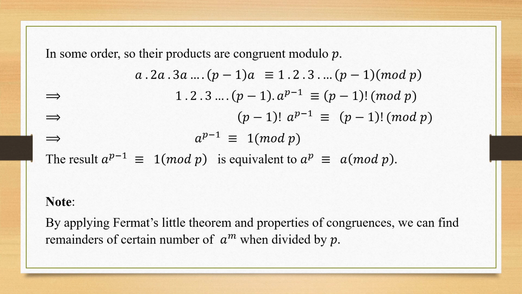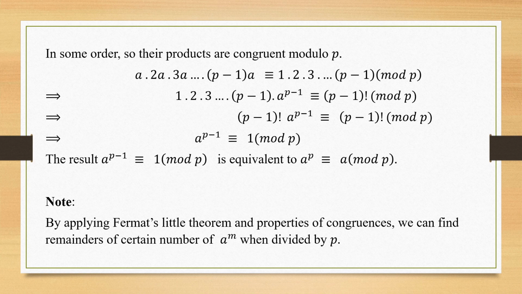Just observe the right side of the congruence symbol. How can I represent 1 times 2 times 3 and so on up to p minus 1? Can I write it as (p minus 1) factorial? Yes, I can. A factorial number can be written as 1 into 2 into 3 etc. up to that particular number. Same way, till p minus 1, starting from 1. So I can replace that as (p minus 1) factorial mod p.